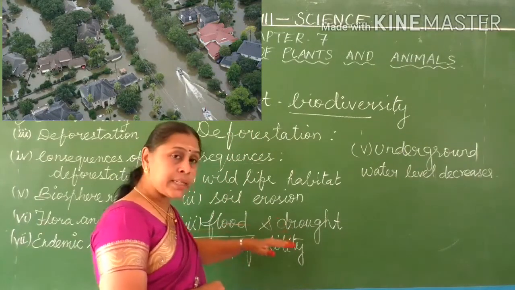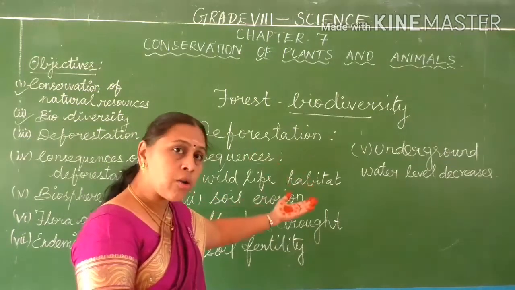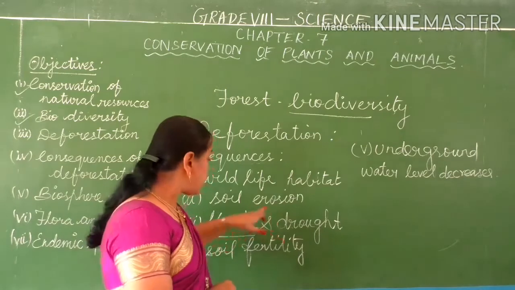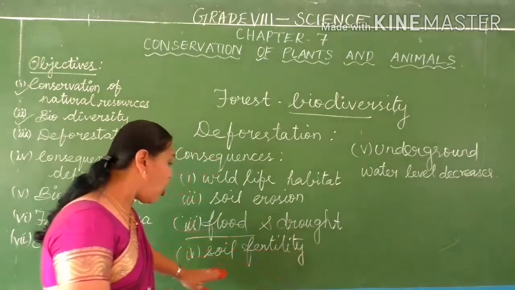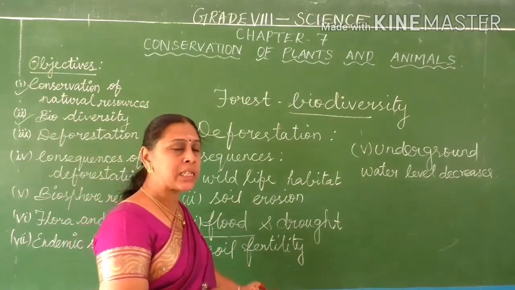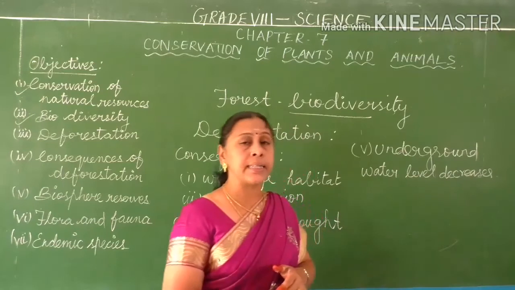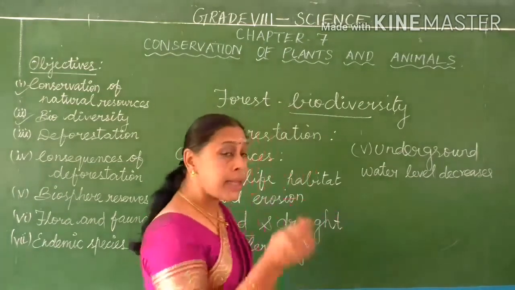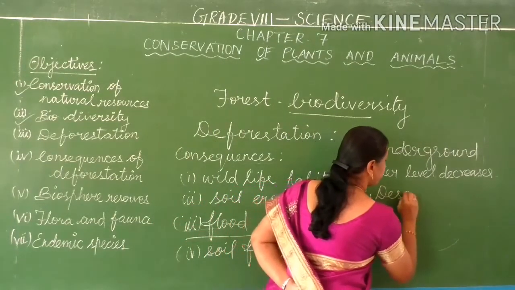So, deforestation leads to destruction of wildlife habitat and soil erosion. Soil erosion leads to flood and drought and also loss of soil fertility. Underground water level decreases. Not only these things, another main thing is desertification.